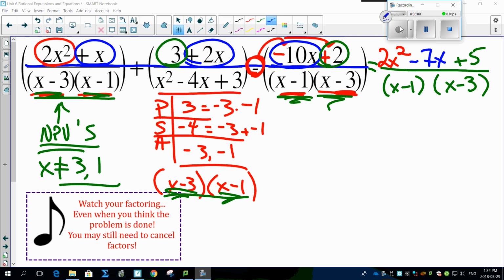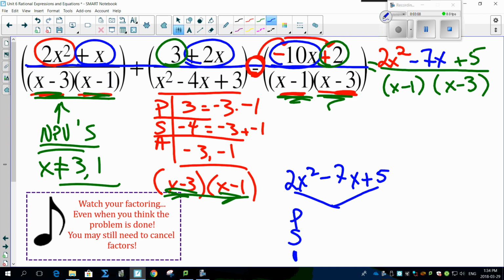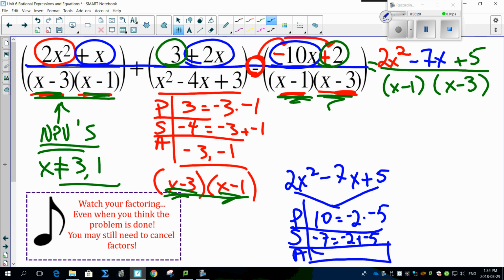The numerator is 2x squared minus 7x plus 5. This is a PSA2. Okay, so this becomes 10 and minus 7. So again, minus 2 and minus 5 work. So you can't give an answer because it is a PSA2. You have to decompose it.